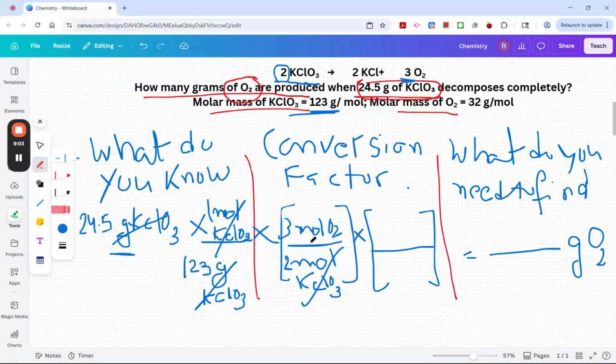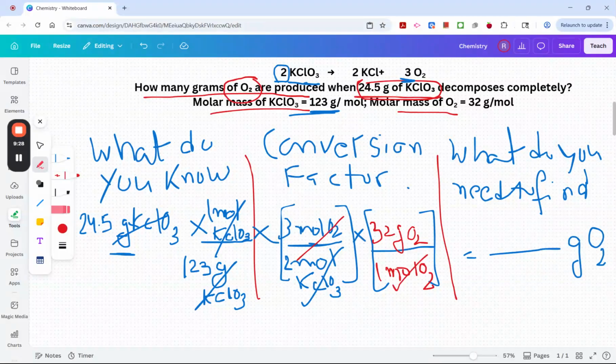I just need to change moles into grams. Same concept. 1 mole of any compound in terms of grams is its molar mass. That is equal to 32 grams of oxygen. Moles out, grams in.